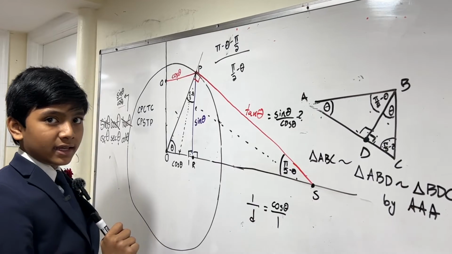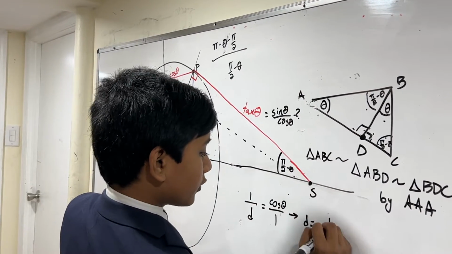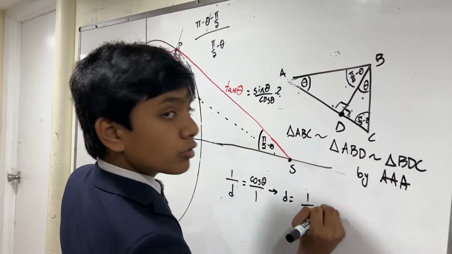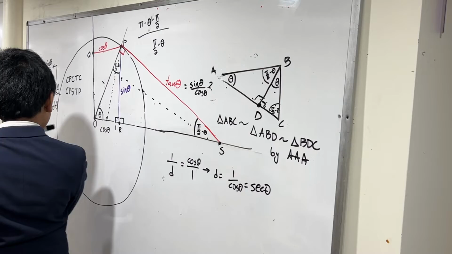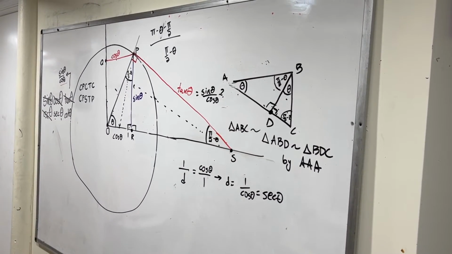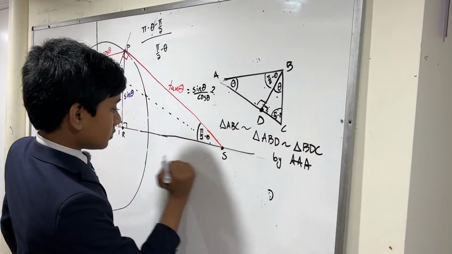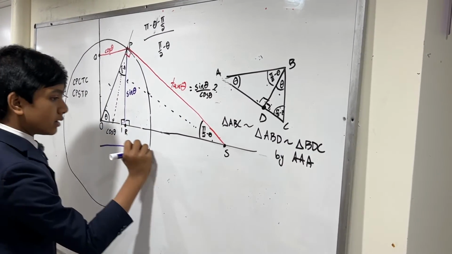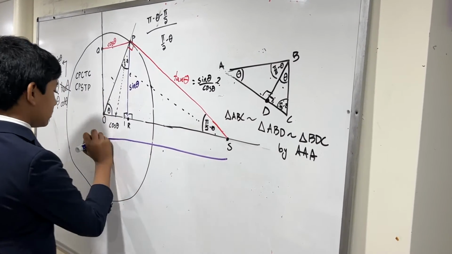So 1 over d is cosine theta over 1, which leads to d is 1 over cosine theta, also known as secant theta. I can't believe it was hiding in thin air all this time. So, as you can see, this whole length was secant theta.